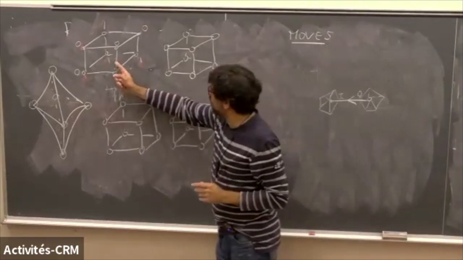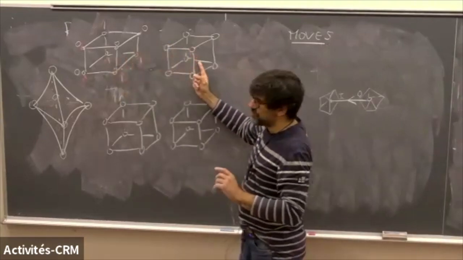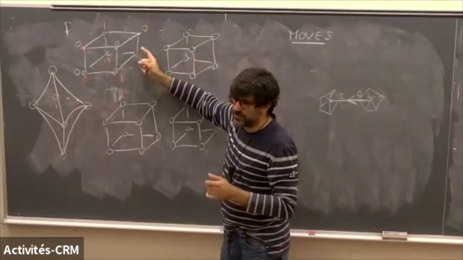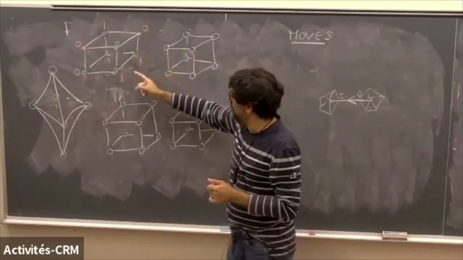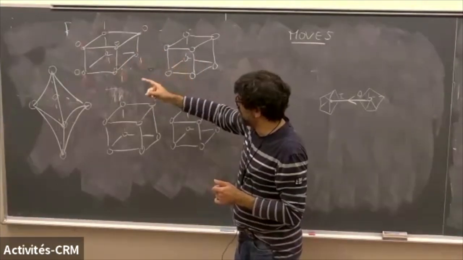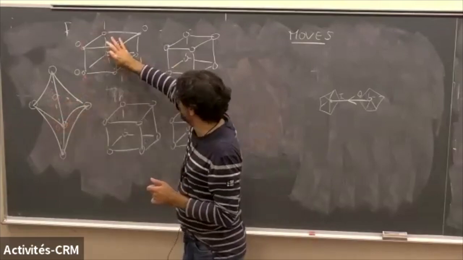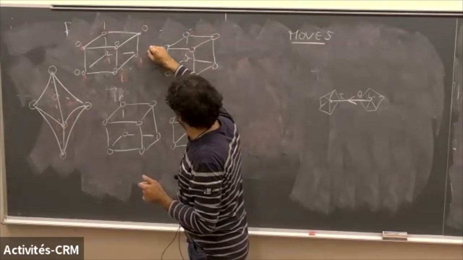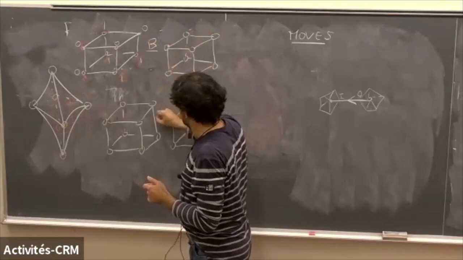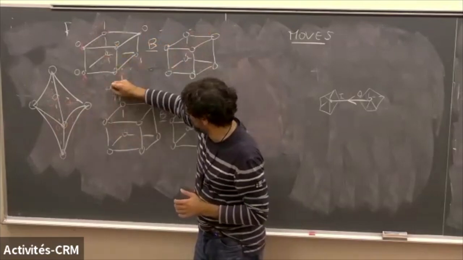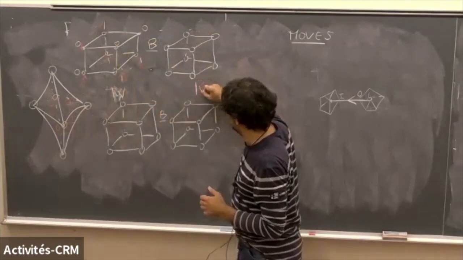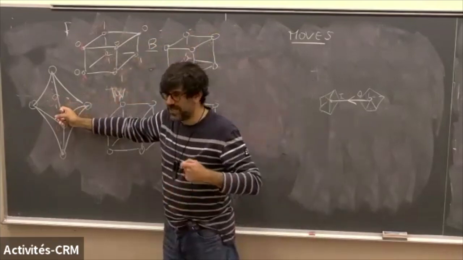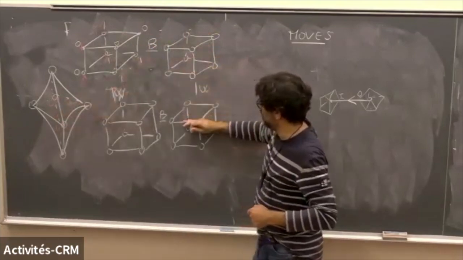Whenever you go from one cube to the other, you switch what we call the state. So we switch the state of all the points that have the corresponding color. It's because you go from this octahedron to this one by mirroring along the, let's call it the black color, and we go from this octahedron to this one by mirroring along the white color. So here you go from here to there by crossing a black face, and you go from here to there by crossing a white face.